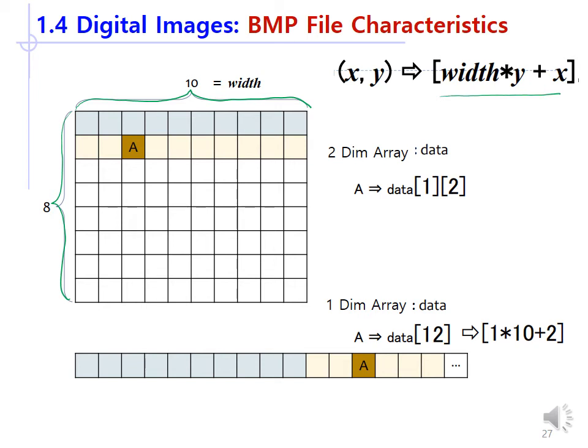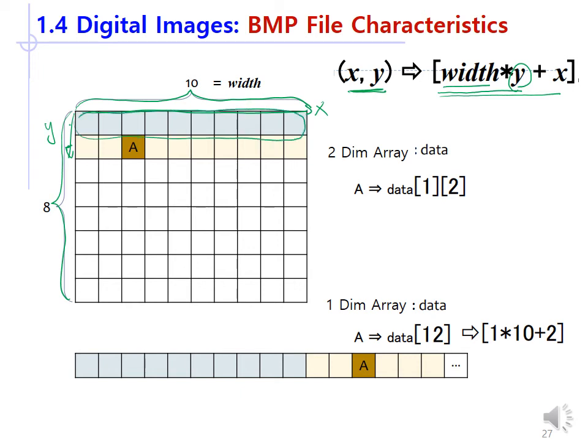The x, y image can be expressed in a one-dimensional array. We multiply width by y value. So this is x, this is y. When we increase one y, it requires one width value.